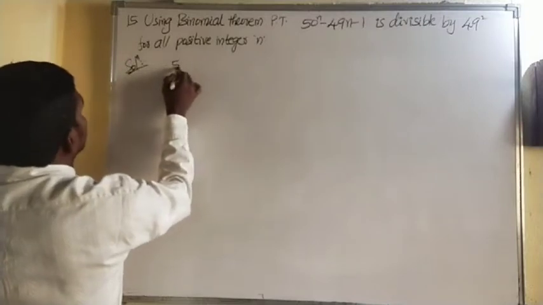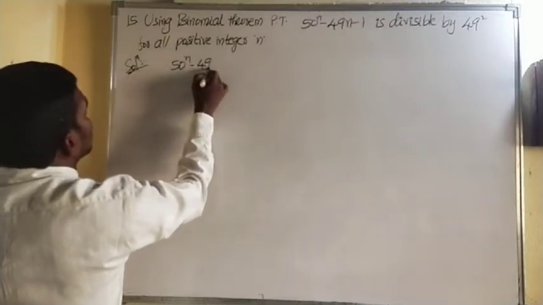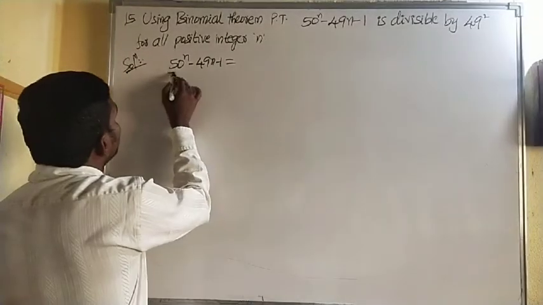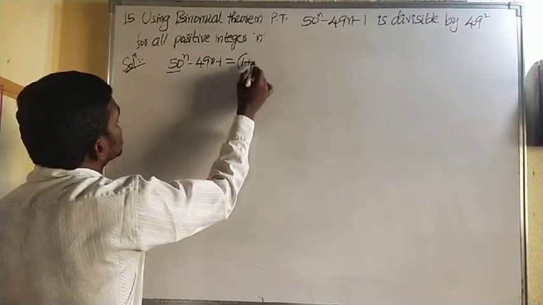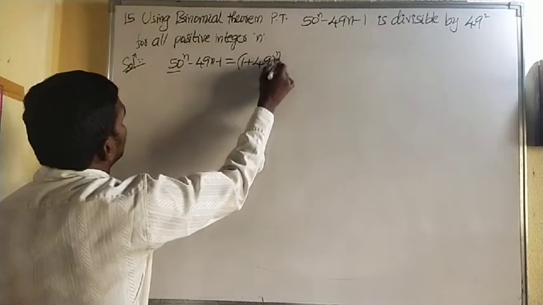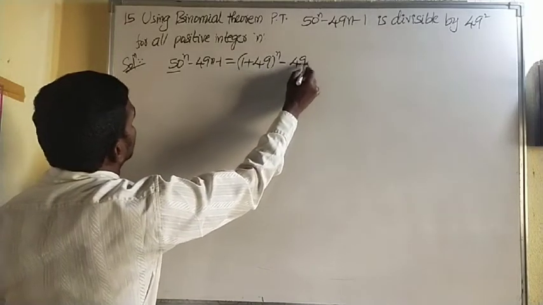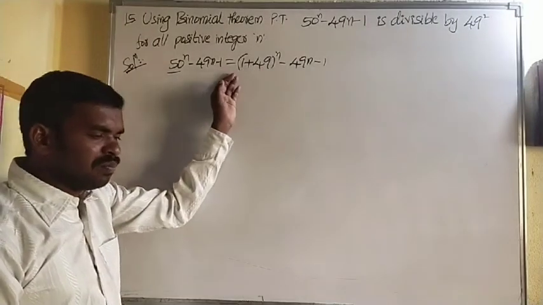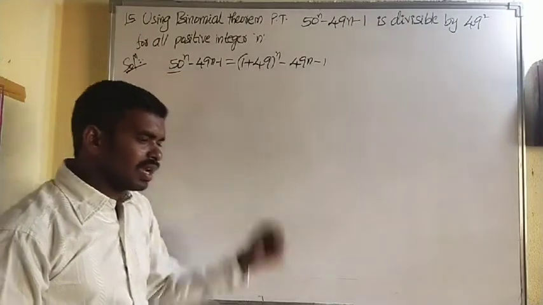First, 50 power n minus 49n minus 1. Can we write 50 power n as 1 plus 49 whole power n? And minus 49n minus 1 as it is. See, this is in the form of 1 plus x whole power n.